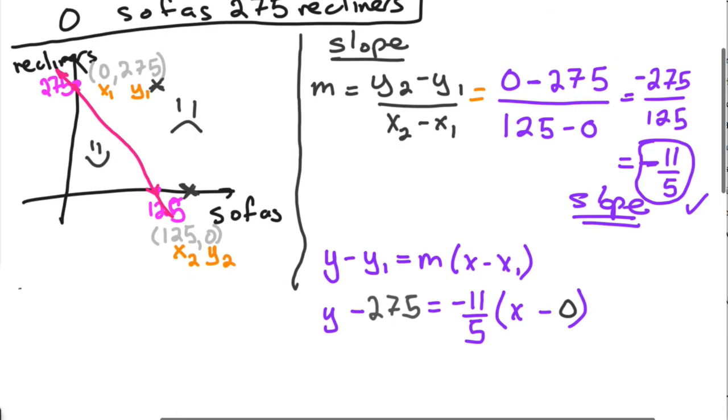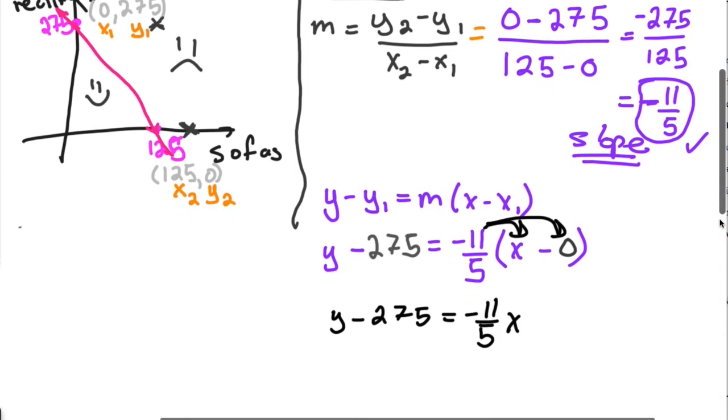Okay, so what do we end up with here? We have y minus 275 equals negative 11 over 5 x. Here you would distribute, but negative 11 over 5 times 0 is 0.